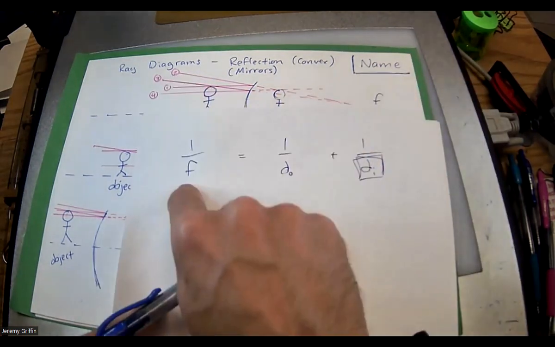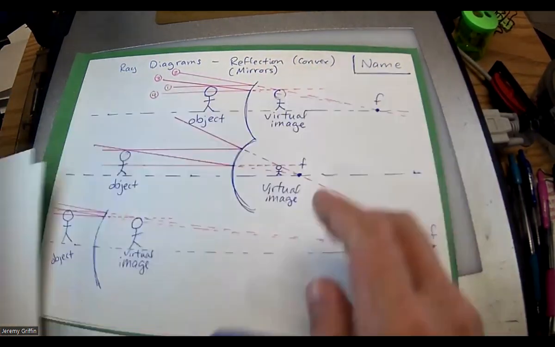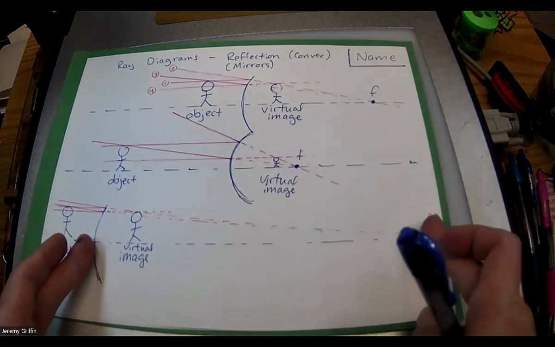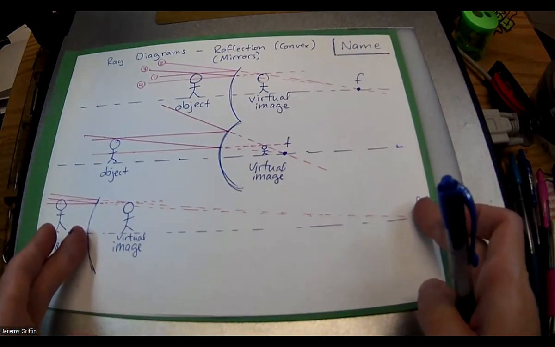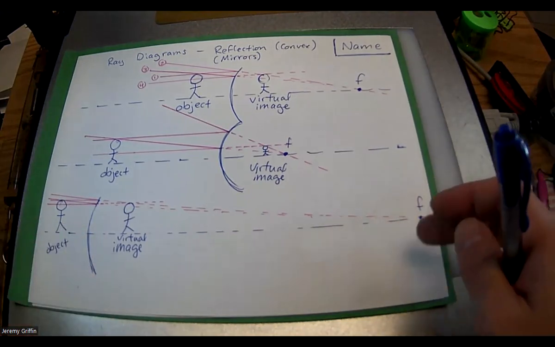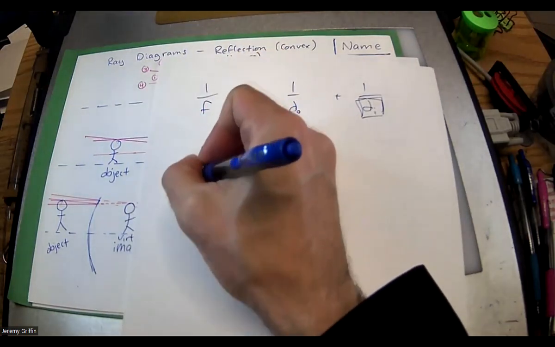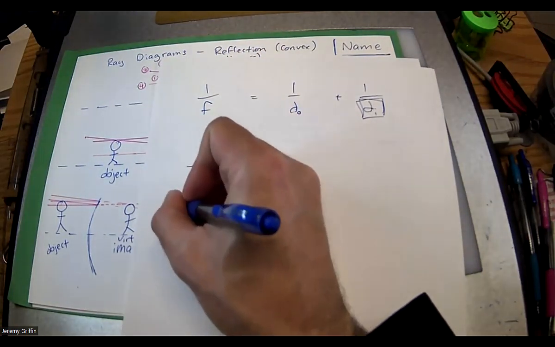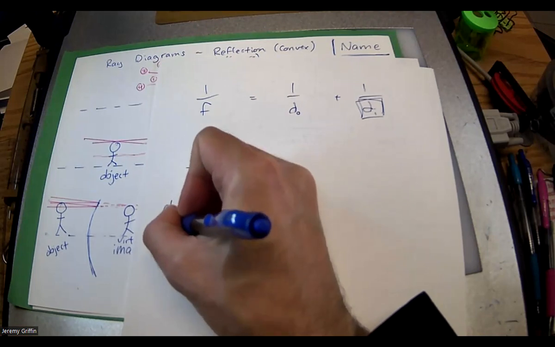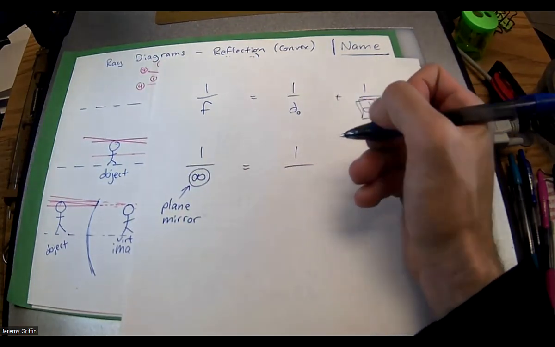And what do you guys say the focal distance is? Infinity, right? Because mathematically, I'm treating the focal point as infinitely far away. That would be a perfect plane mirror. So a plane mirror would have an infinitely far away focal point, focal distance.